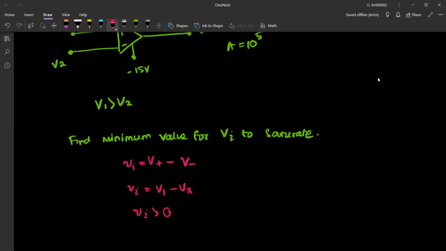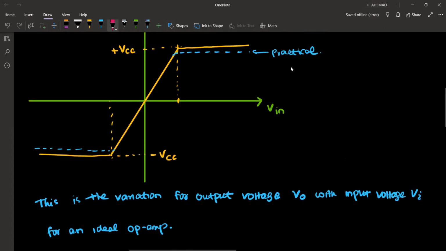So from this graph, if Vi is greater than 0, it might be somewhere over here, because this region is very small, around 150. So what we are going to do is try to get what this value is.